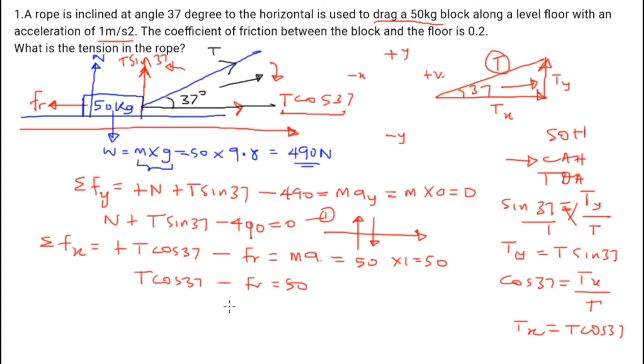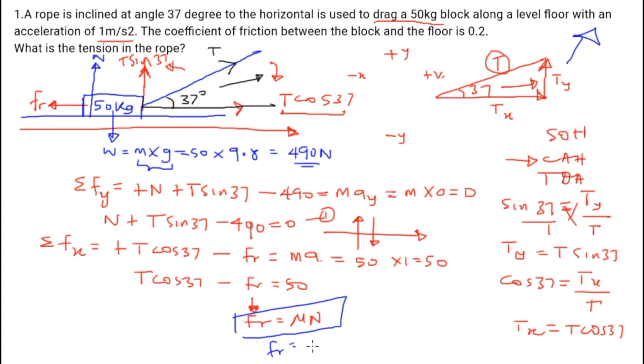So Fr is equal to mu N. I already explained this equation in another video.